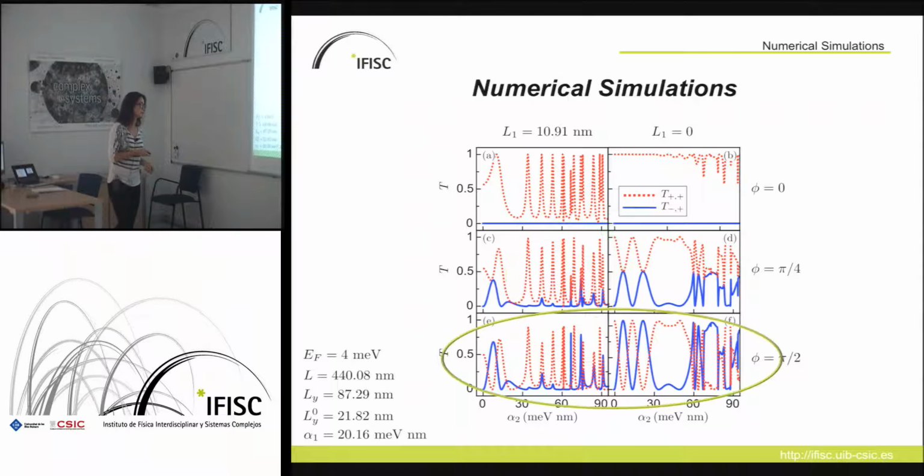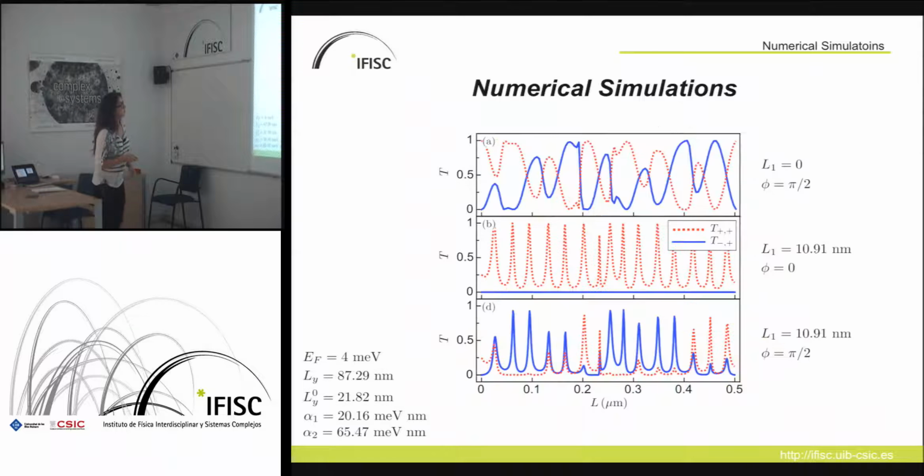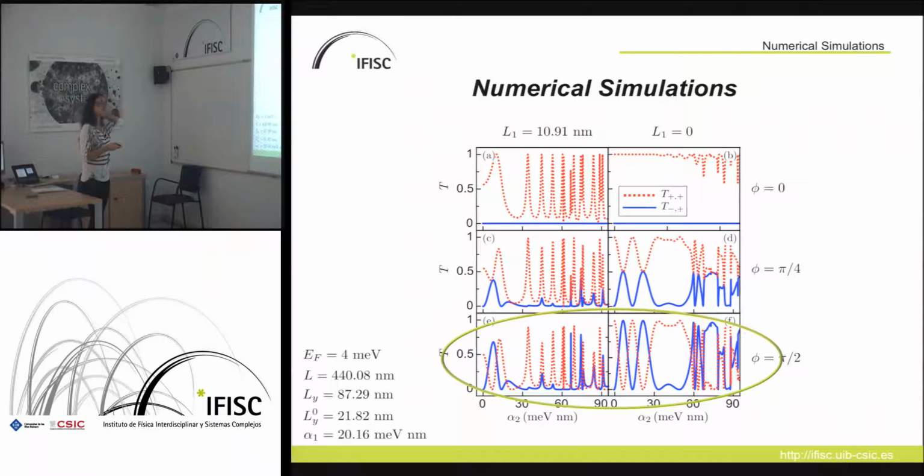If we increase the Rashba field, we have the same behavior for small values of alpha 2 and a chaotic behavior when we have alpha 2 bigger than, in this case, 30 millielectron volts nanometer. Now we want to understand a bit more this system, and we want to tune the value of the length of the center region.